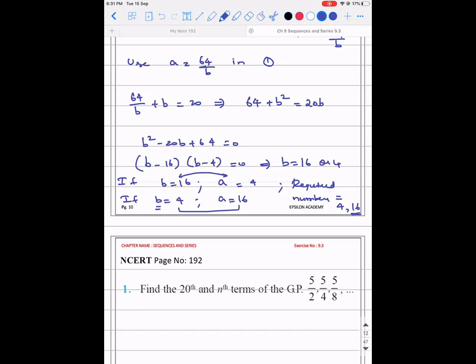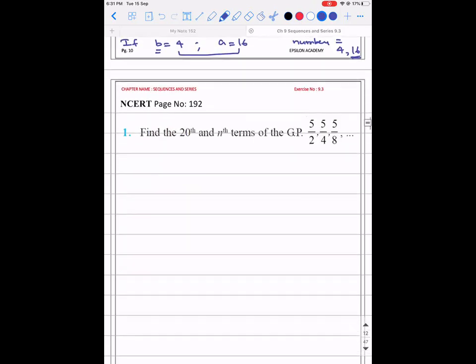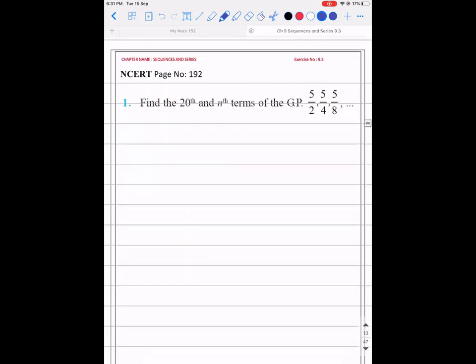So moving on to the next question. Whichever is easy, I'm not going to speak. I'm just going to write. If you have doubt, you ask. Find the 20th and the nth terms of GP, 5 by 2, 5 by 4, 5 by 8, and so on. So solution: given A is 5 by 2, R is 5 by 4 divided by 5 by 2.